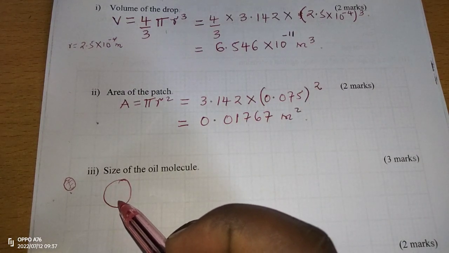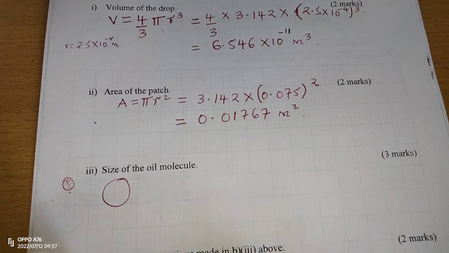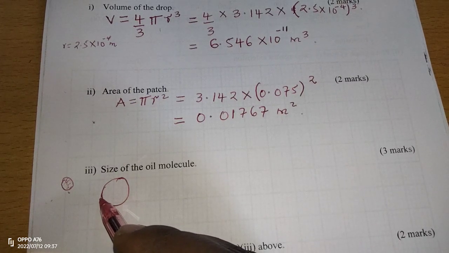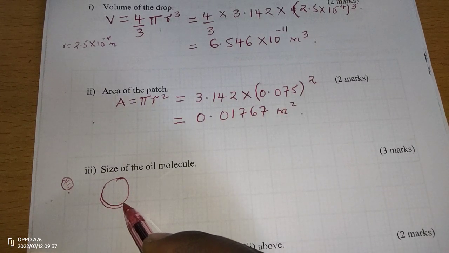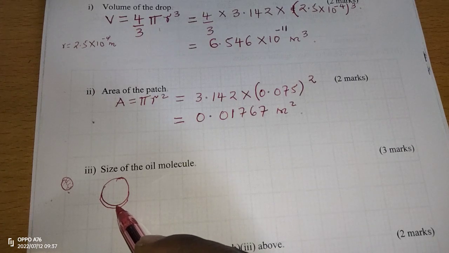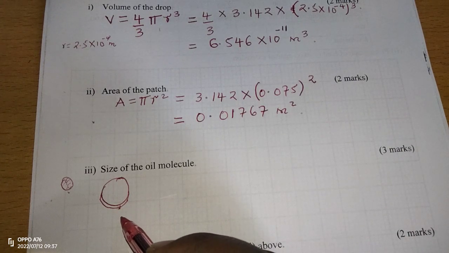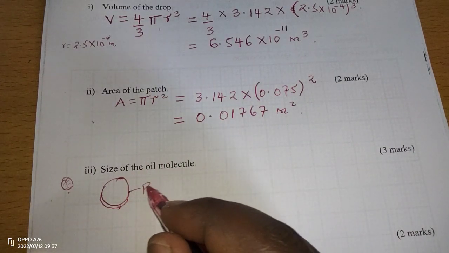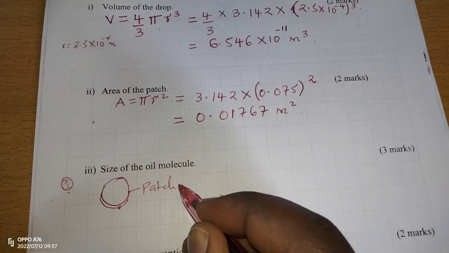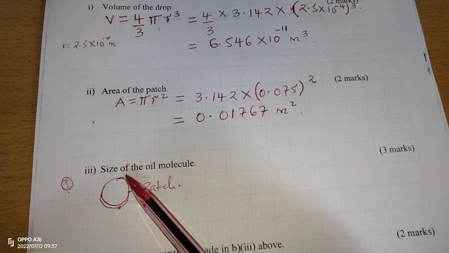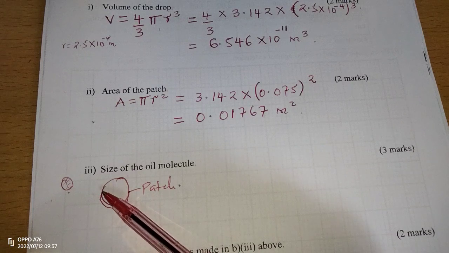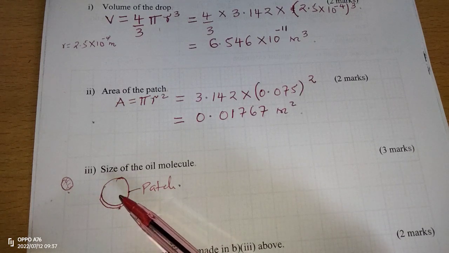The assumption we make after the spreading of this drop is that it spreads until it is 1 molecule thick, such that there is a thickness in this circular patch, and the thickness here is 1 molecule. Therefore, this patch is assumed to be cylindrical, because a circular cross-section and a certain height gives us a cylinder.